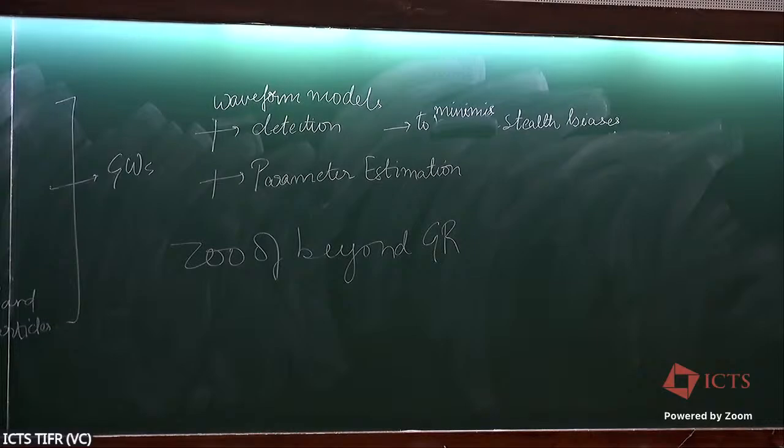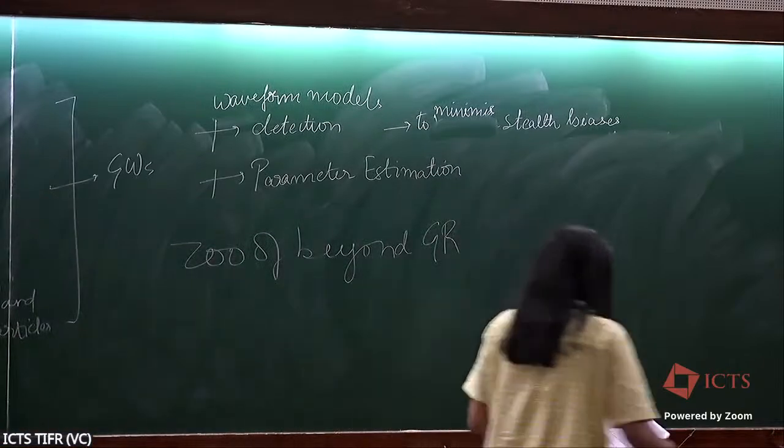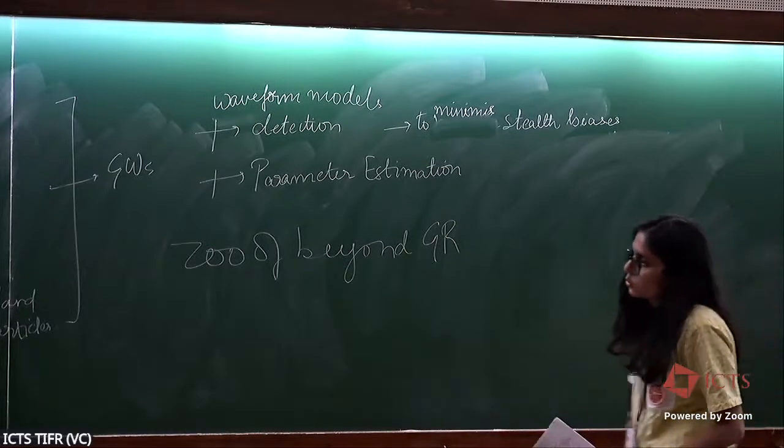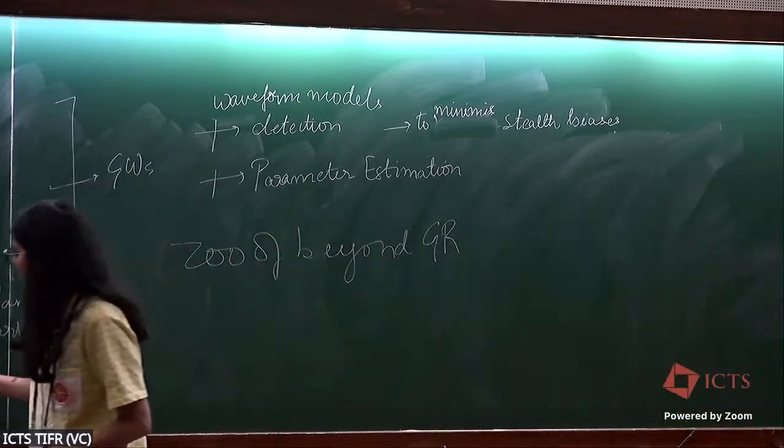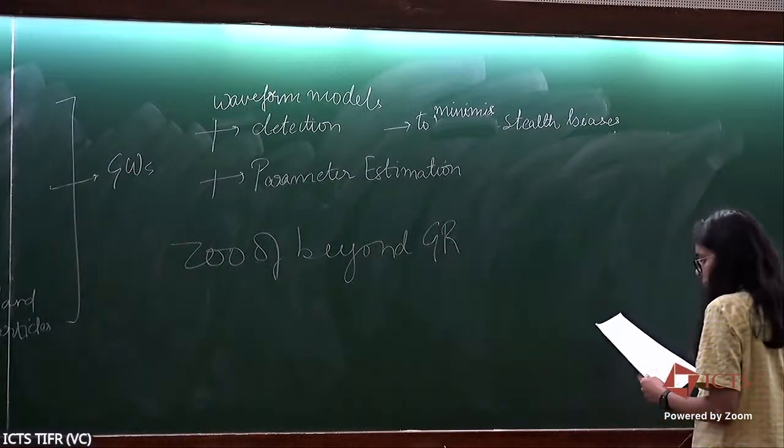We can modify it by going to higher dimensions. We can do a lot of things in beyond GR. Similarly, in exotic compact objects, we can add a particle like a bosonic field. The mass of the bosonic field is not the same as what has been observed for standard model particles so far. So we can have various things here, or we can also have cosmic strings, which would be beyond standard model particles as well, made up of axion fields.